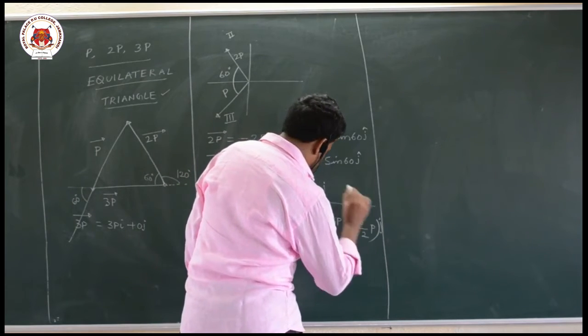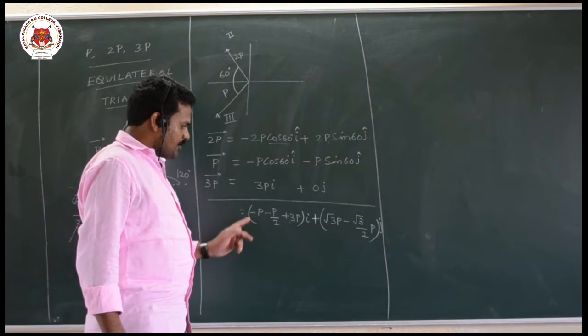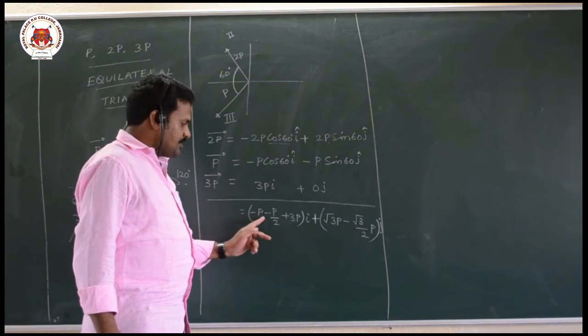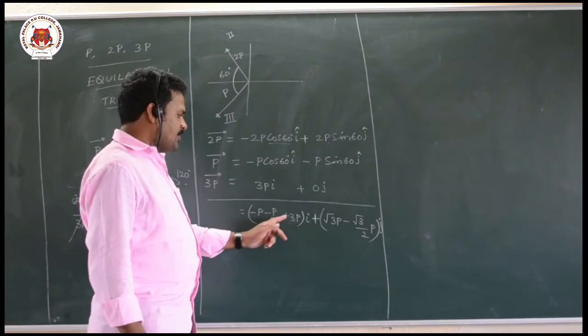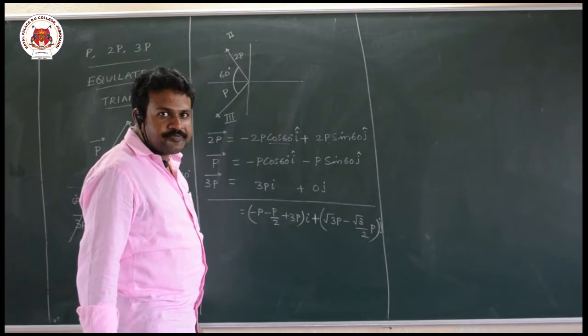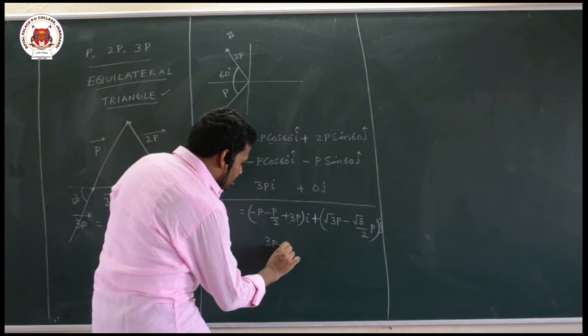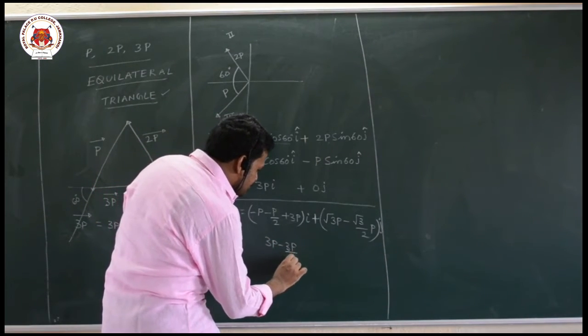To simplify this: 3p minus p by 2 minus p by 2, how much? 3p minus 3p by 2 is the coefficient of i cap.